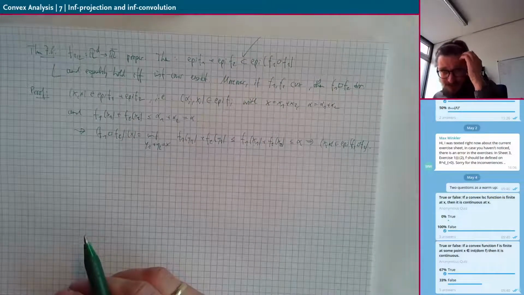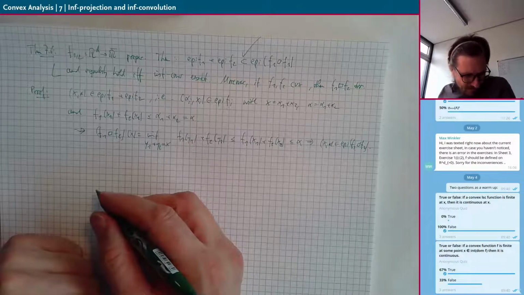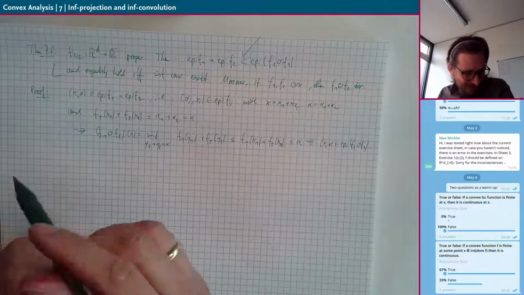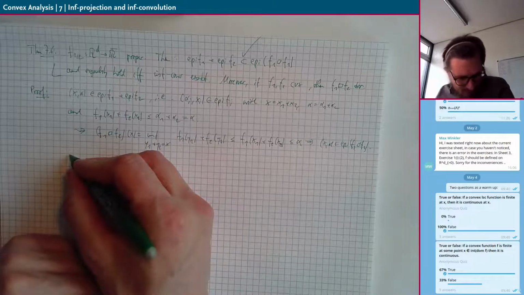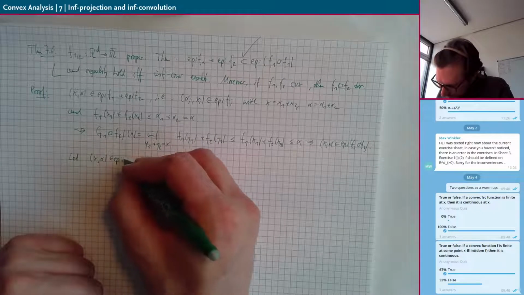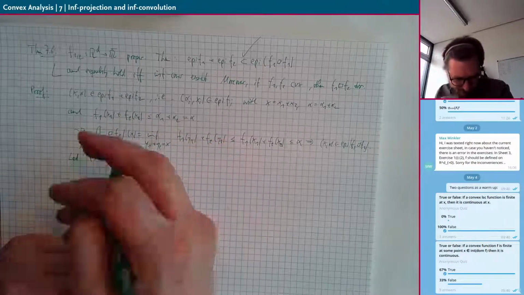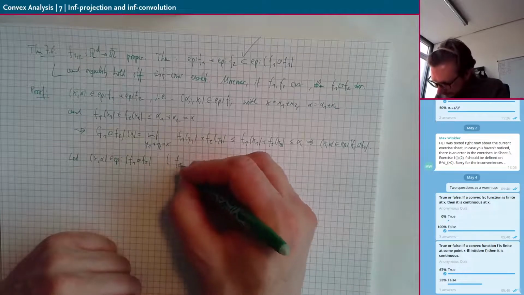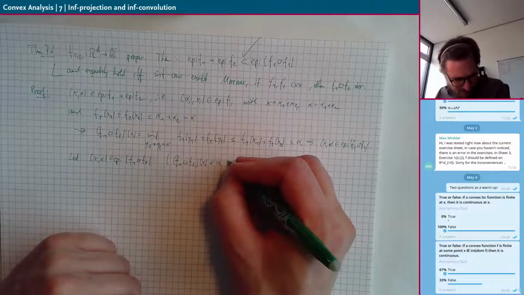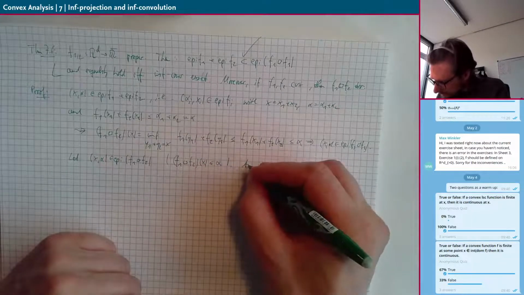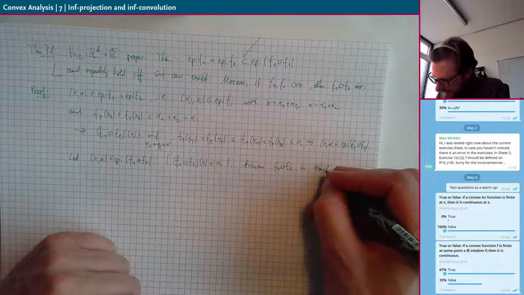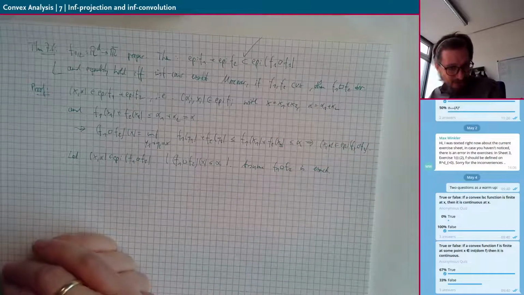But now what about equality if and only if? Now we're going to show that the equality holds exactly when the inf-convolution is exact. So what we do now is we take a point (x, alpha) in the epigraph of the inf-convolution. Remember that means that the function value at x is smaller equal alpha. And then we use exactness. So assume this is exact, and you aim to prove equality here.